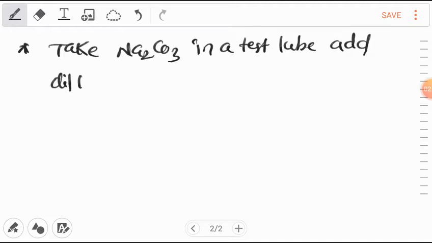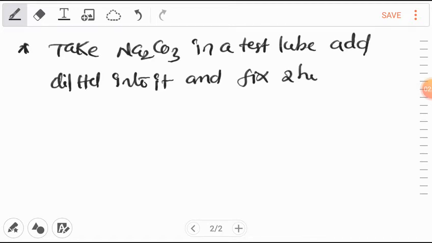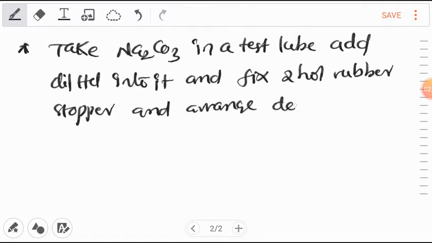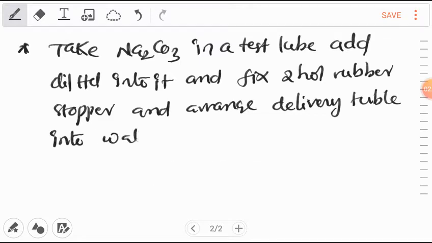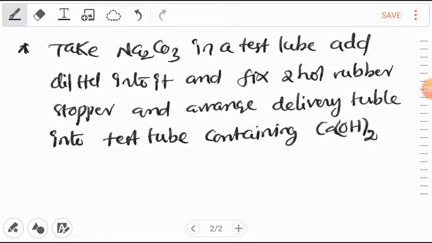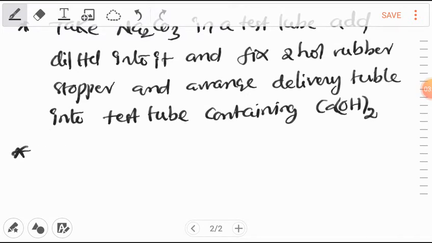Add dilute HCl into it and fix a 2-hole rubber stopper, and arrange a delivery tube into a test tube containing calcium hydroxide, nothing but lime water. So this is the first point, the arrangement.